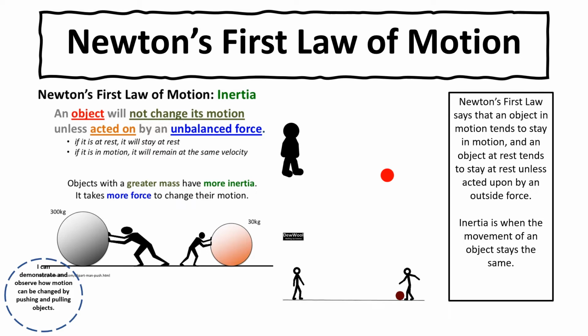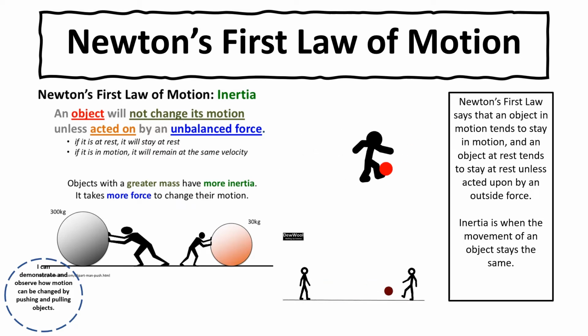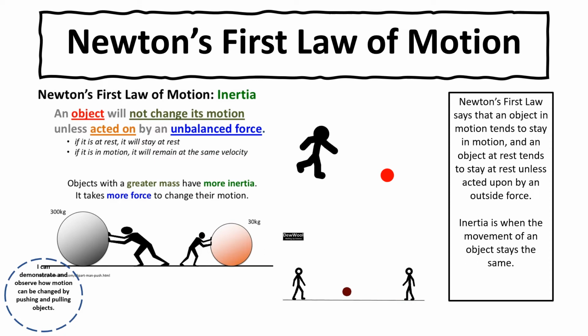If it is at rest, it will stay at rest. If it is in motion, it will remain at that same velocity. Objects with greater mass have more inertia and it takes more force to change their motion. So let's think of it like this. Something that's heavier requires more force to get it to move. Something that is smaller doesn't require as much.